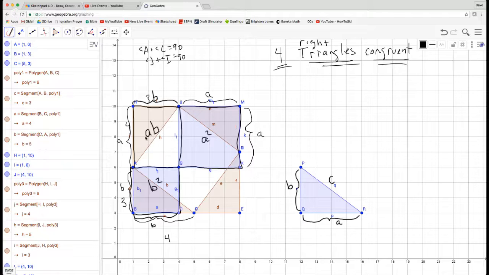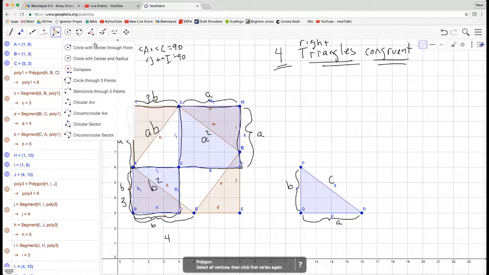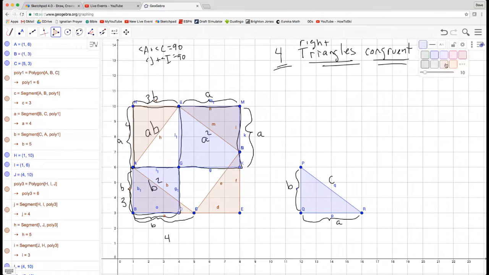Okay, so this whole piece in here, let's draw this one in hopefully red or something. That whole piece is AB, and how big is this whole piece?